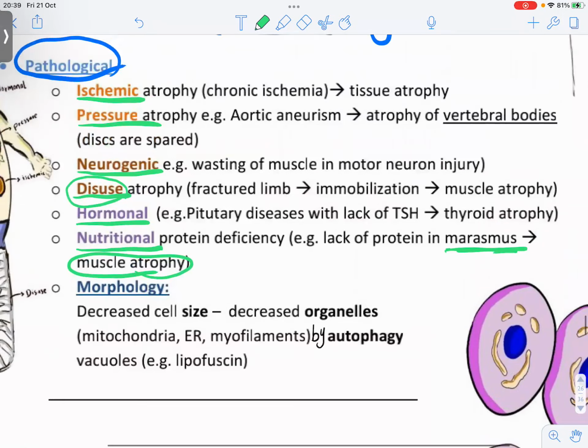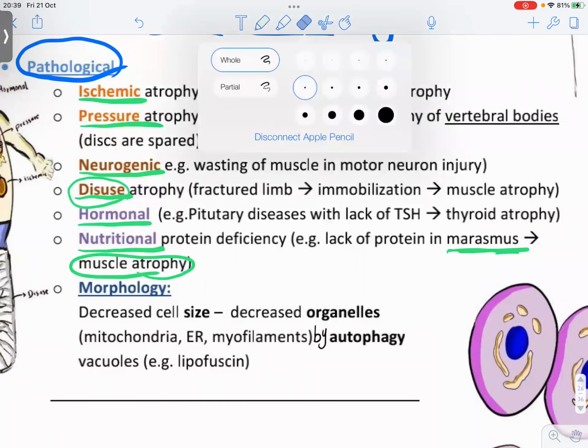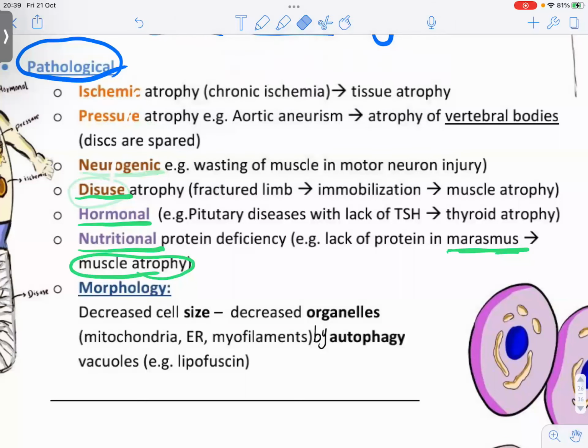So again, the example of pathological atrophy, ischemic atrophy, when there's no blood or oxygen going to the cell, so the cell will try to die off. Pressure atrophy, and remember the most common artery in your body which can get an aneurysm is the abdominal aorta. It's called abdominal aorta aneurysm.